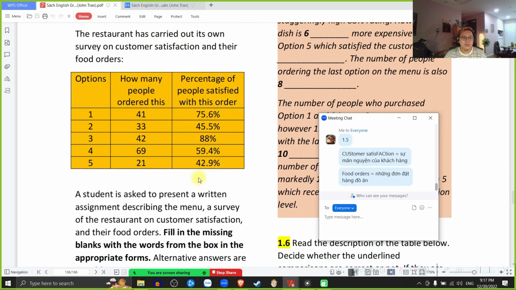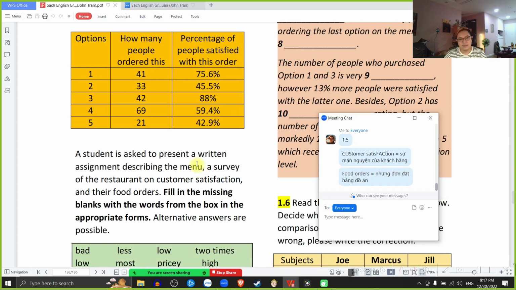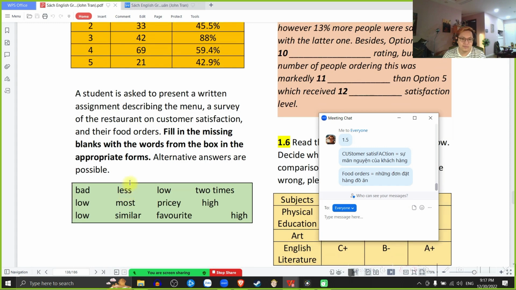Now, a student is asked to present a written assignment describing the menu, a survey of the restaurant on customer satisfaction and their food orders. You have to fill in the missing blank with a word in the box in the appropriate forms.